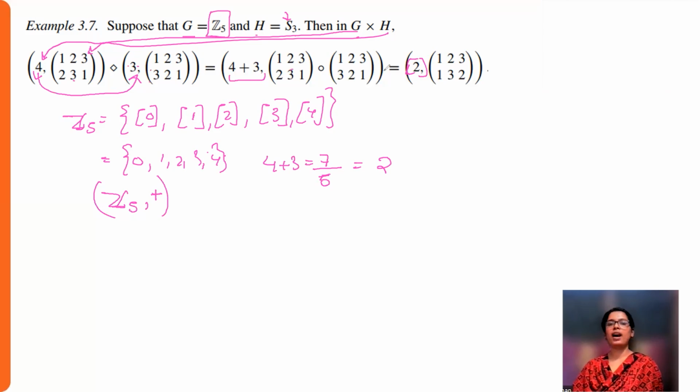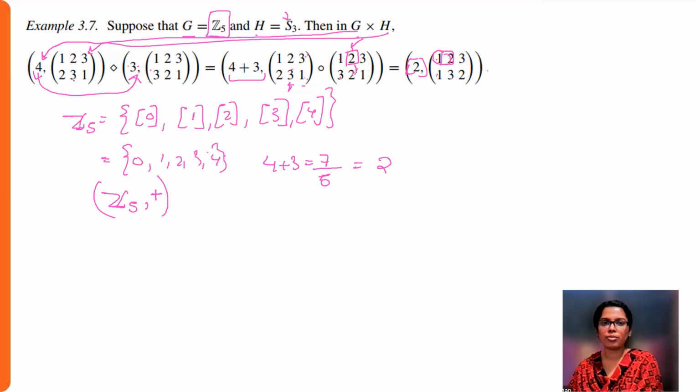And then we find the composition of these two elements. So the composition is very easy. First, in order to find the image of 1, first we will check the second one. So 1 goes to 3. Now we will move to the first one and see where 3 goes. The 3 goes to 1. So from there we can say that 1 goes to 1. Now we check the second element because we want to find the image of 2.